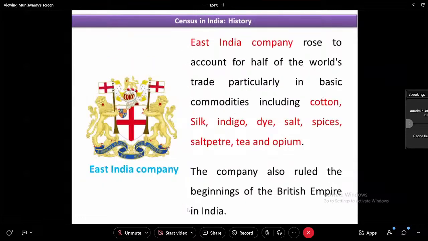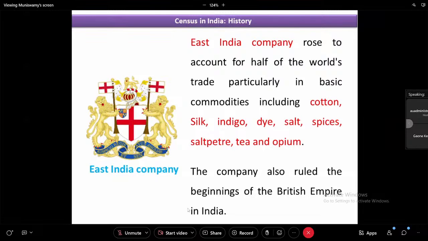After that, the East India Company traded particularly in basic commodities. They traded in all the countries.